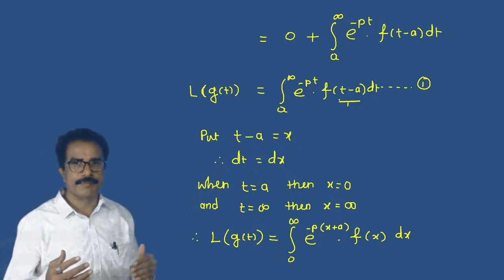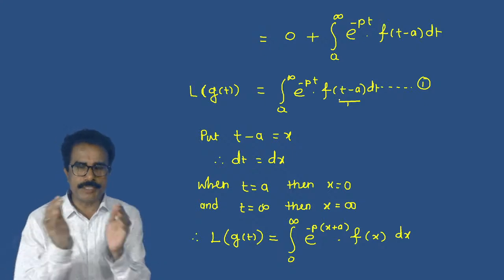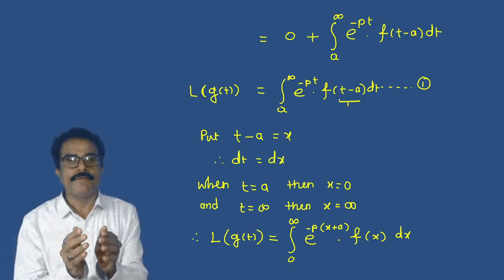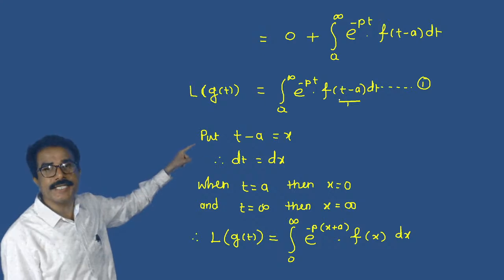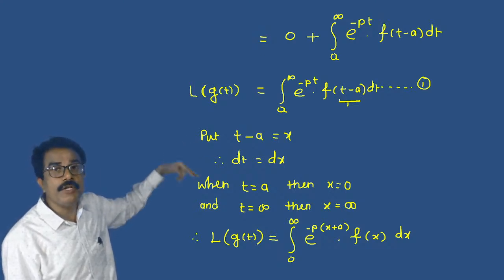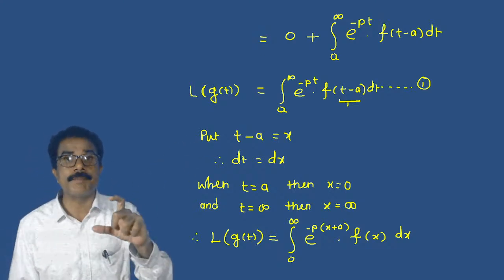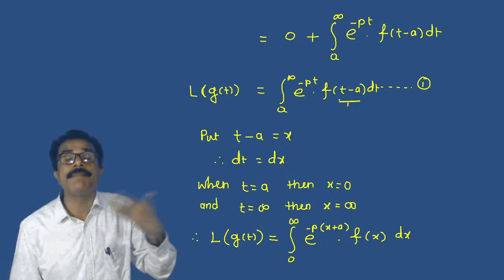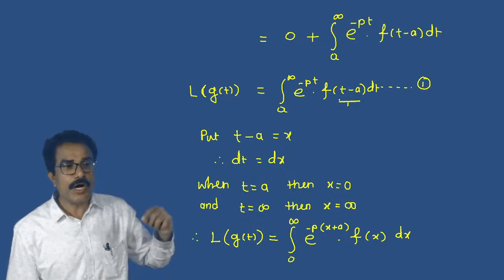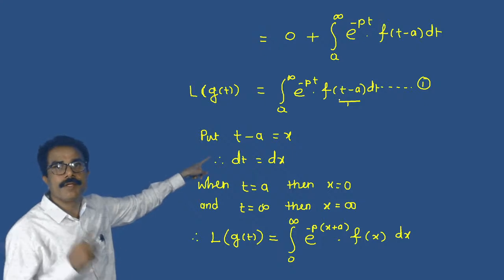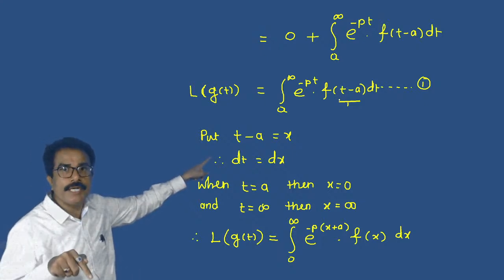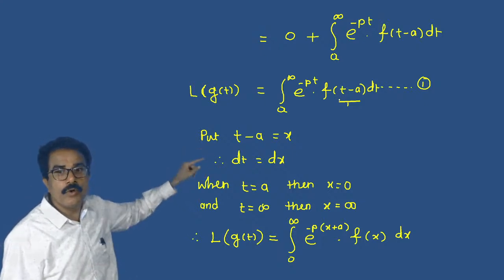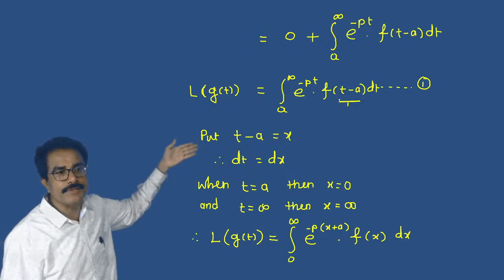Now when we substitute the variable in a definite integral, the value of the limits may change. According to our substitution, we have to calculate the lower limit and upper limit of this integral.